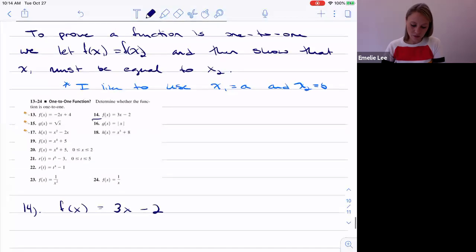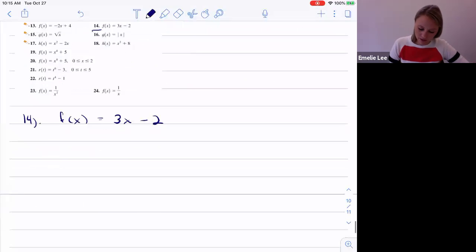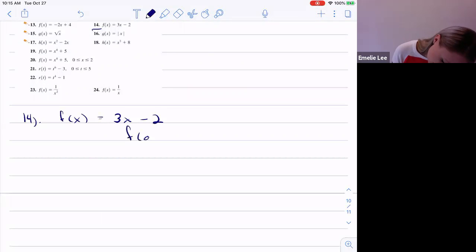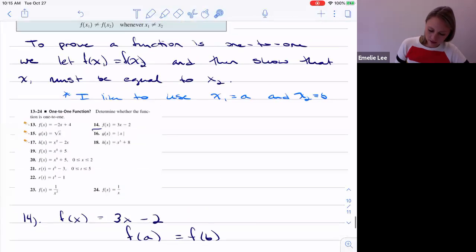So to prove a function is one-to-one, we let f of x1 be equal to f of x2. I like to use a and b instead because it's cleaner to read. So I'm going to say f of a equals f of b, and then show that x1 must be equal to x2, where x1 is a and x2 is b. So show that a must be equal to b.